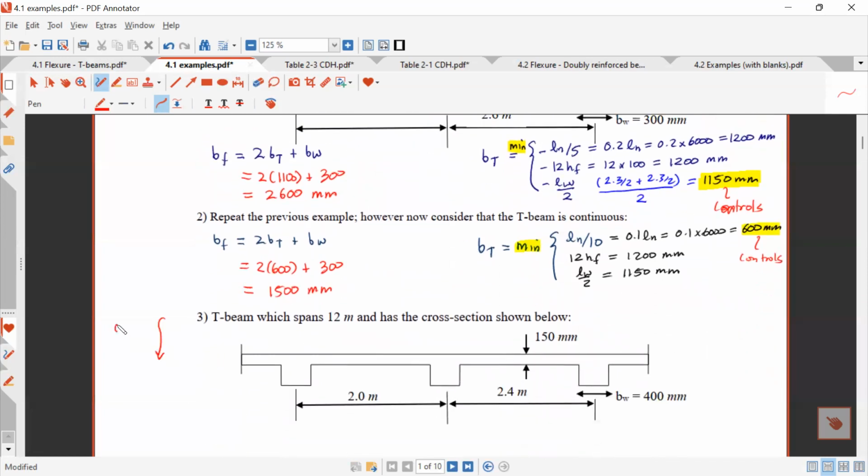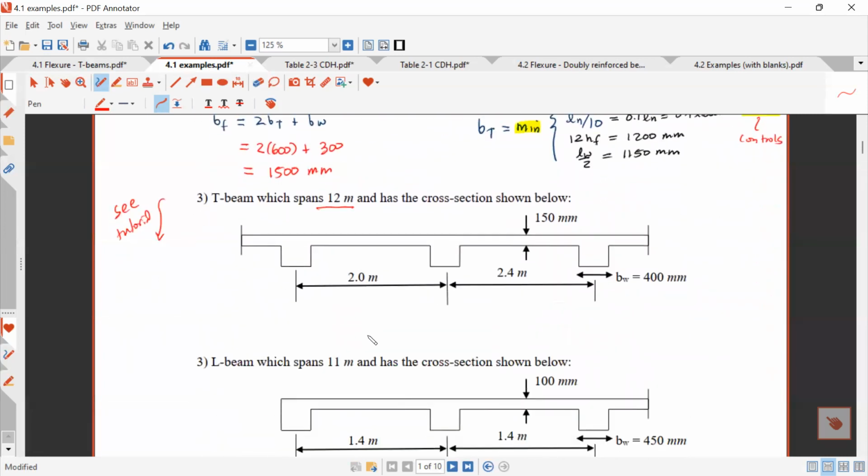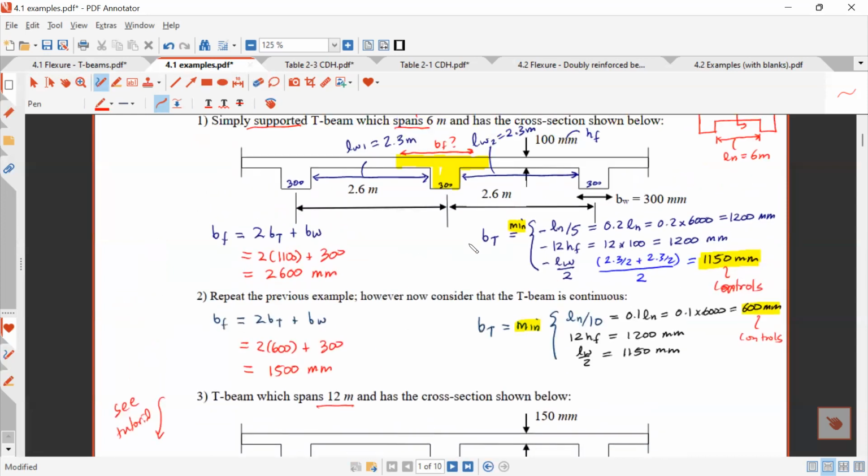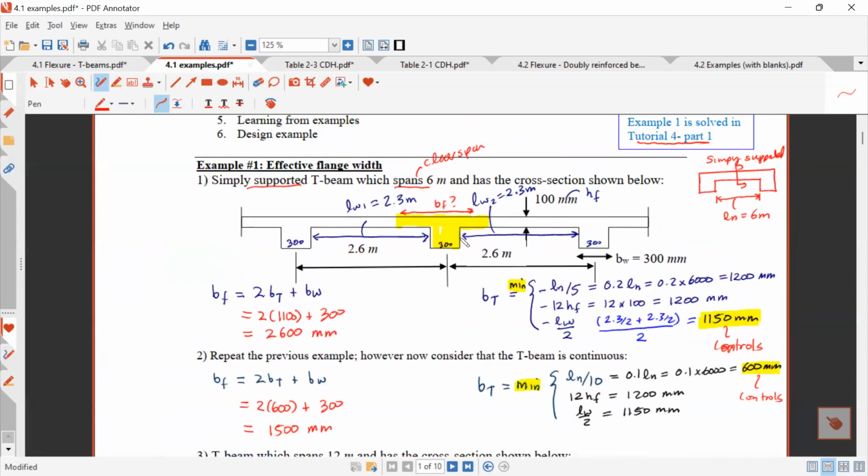Okay, so there's a couple of other variations that I'm going to do in the tutorial. So for these ones, see the tutorial. I change the span here, and you're going to see the BF changes again. And then I do an example for an L beam. So all these things are important. You have to consider these three things, and you need to look at the support conditions and these other things to determine the BF. So hopefully that example was clear for BF.